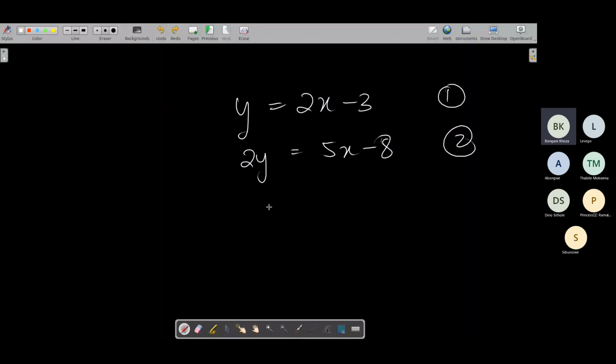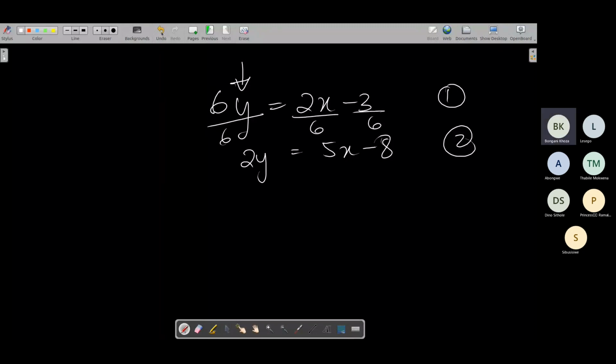The simpler the better, right? So in this equation, y is already the subject of the formula. So there's no need for us to do anything. But if we had maybe 6y and we're trying to make y the subject of the formula, that means we need to divide everything by 6 to get rid of that 6.